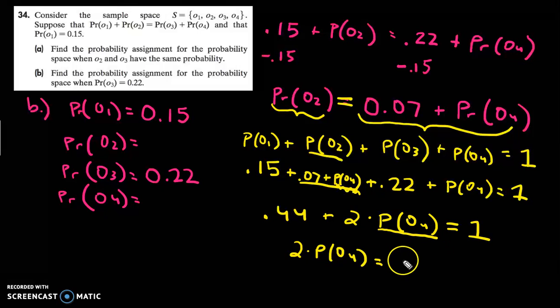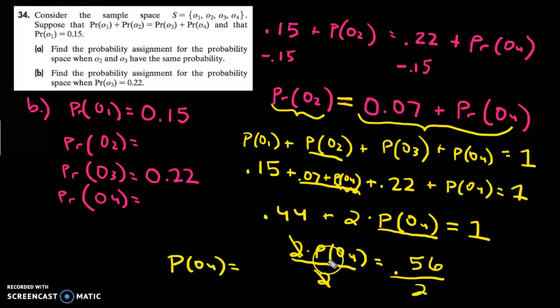So 1 minus 0.44 is what, 0.56? And then I divide both sides by 2, right, because I'm saying 2 times this is 0.56. So half as much, so 0.56 divided by 2 would give me the probability of outcome 4. So once you get it down to 1 variable, you can solve for that 1 variable.